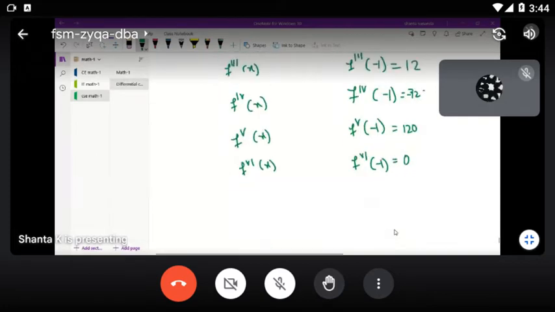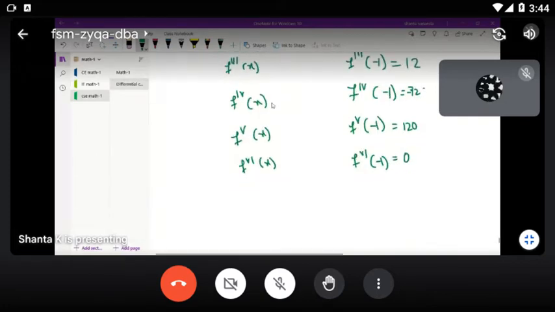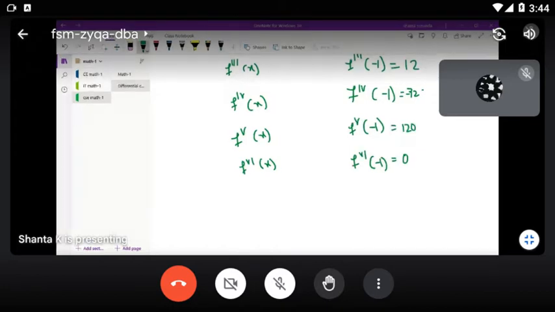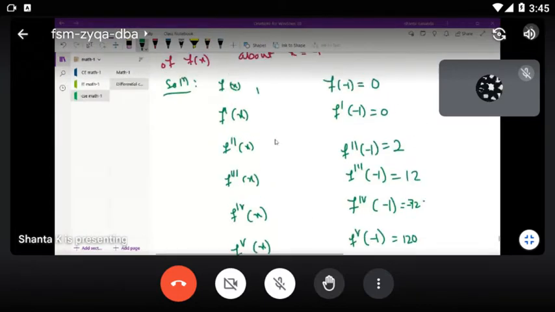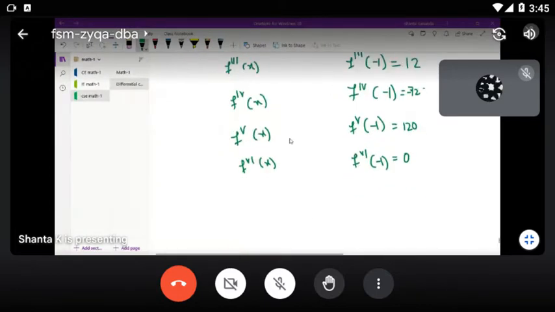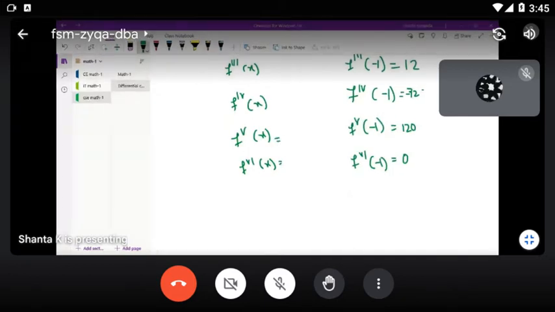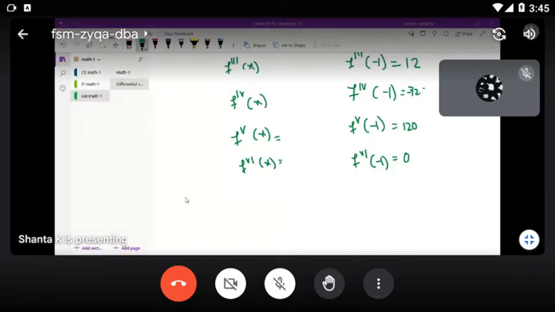So we will substitute here. You have to find this one or should I write? Then next we will write down the Taylor series at x equals minus 1, the Taylor series of f of x.